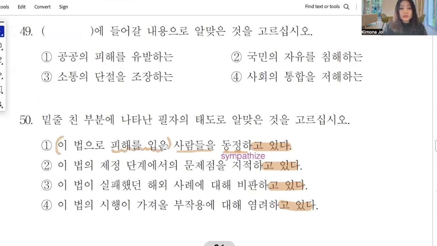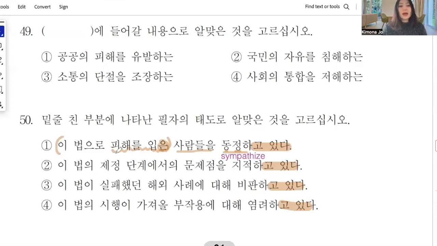피해를 입다 is the expression to receive damage. So here, 피해를 입은 사람들 can be translated as people who were victimized. Single in under the infinitive stem or the syllable in, it's in past tense.